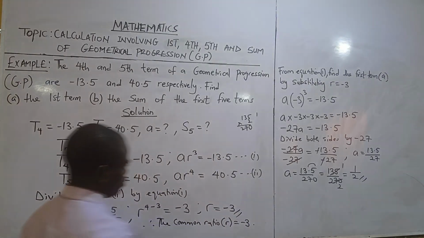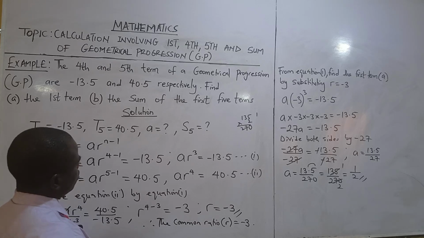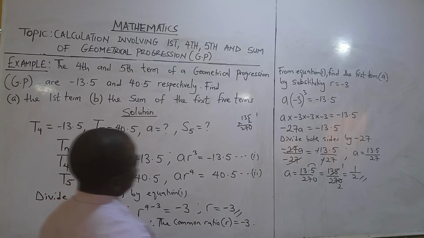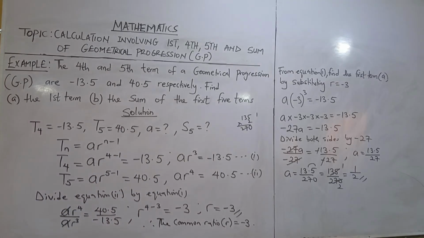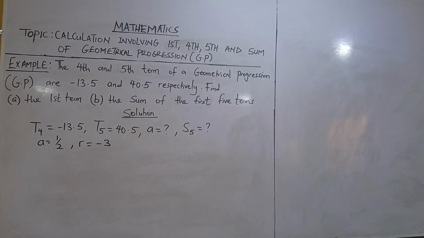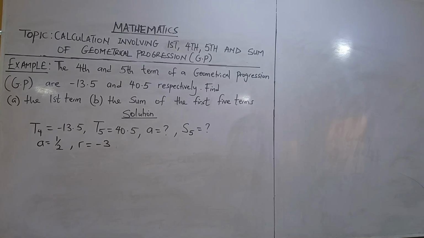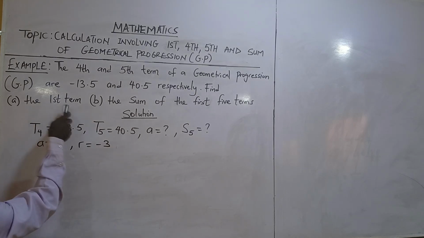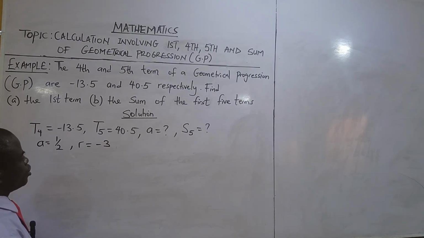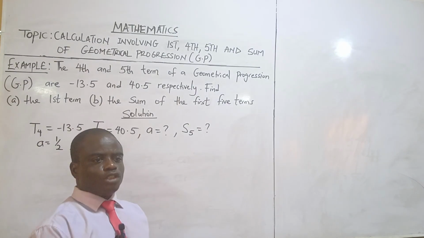Now let's look for the sum of the first 5 terms. I've gotten the first term, which is half, and the common ratio as minus 3. We have two formulas for the sum of GP.